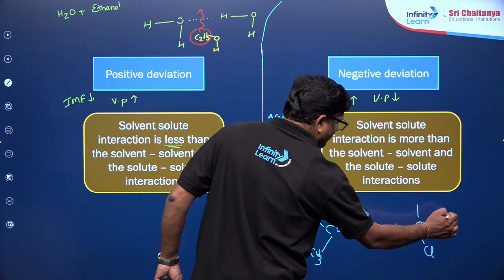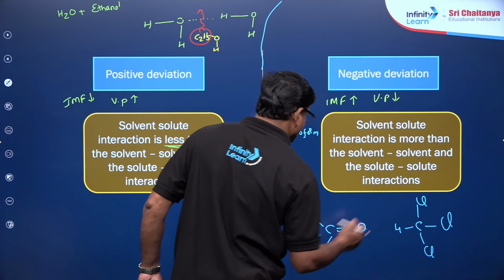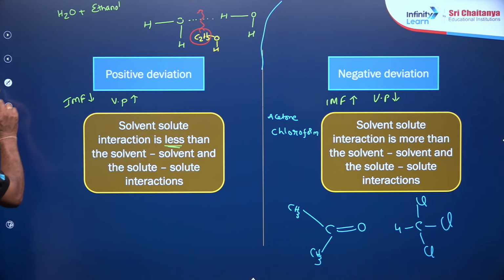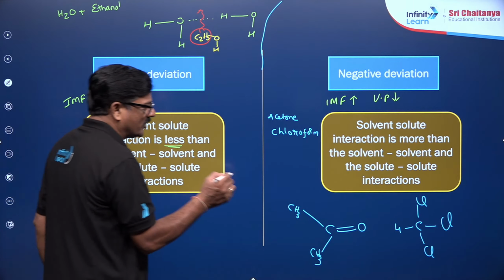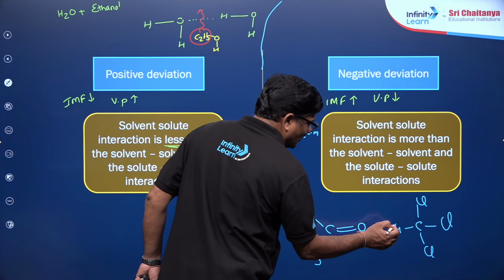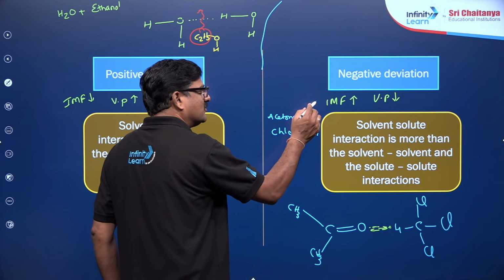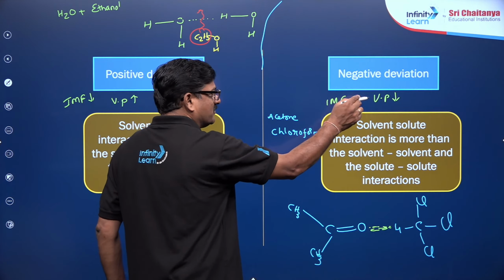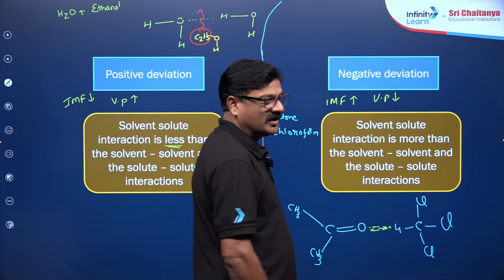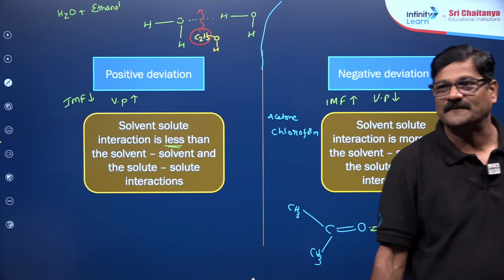Because of the strong electronegativity of the chlorine, it is going to establish a new hydrogen bonding between these two. Because the new hydrogen bonding is established, intermolecular force is increased, vapor pressure is decreased. It is a negative deviation from Raoult's law that can be seen.